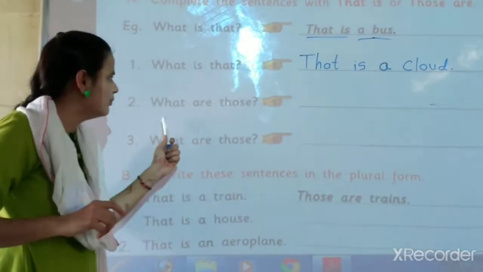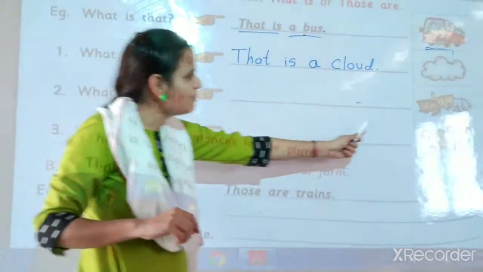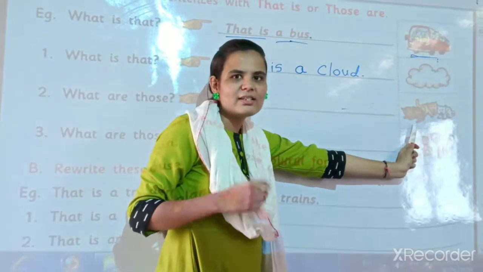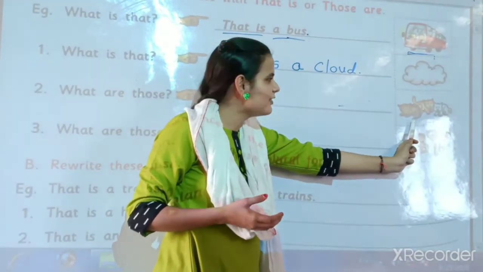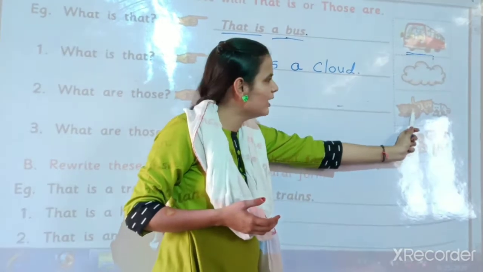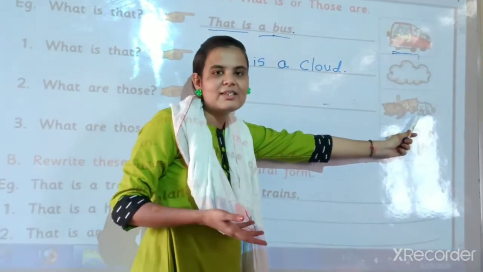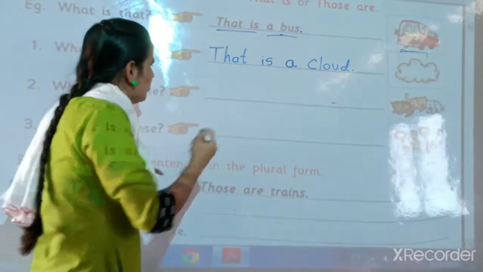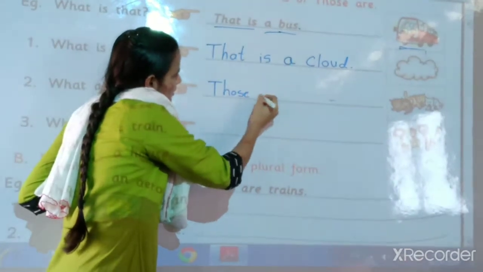Number 2. What are those? So see in this picture. Whose picture is this? This is the picture of kittens. These are the babies of cats. How many kittens are there? 1, 2, 3. So here are more than one. It is a plural form. So for plurals we use those are.